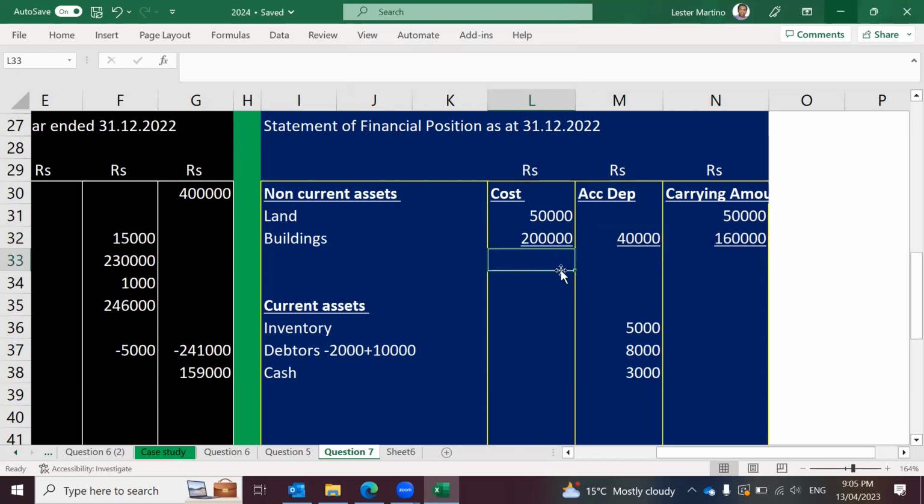In exam, you don't need to do this. You just calculate this one. 210,000. If you want, you can do that as well, but it's not that important.